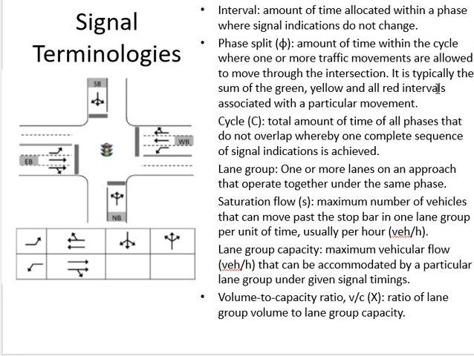These are both per hour, but I said saturation flow is ideal, with no stopping. Lane group capacity is with the timing, so timing means there will be stoppage. There will be a part of the hour where the movement is not happening, right? So this is not considered in saturation flow, but it is considered here. That's why these are two different things.